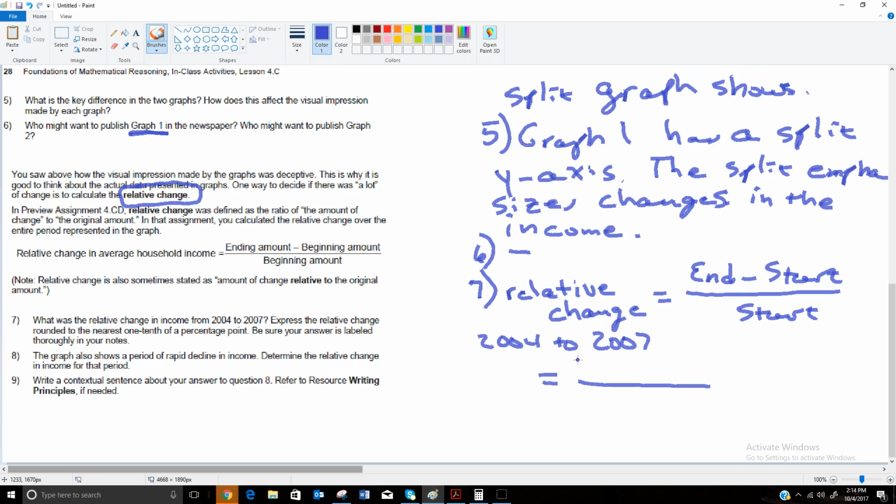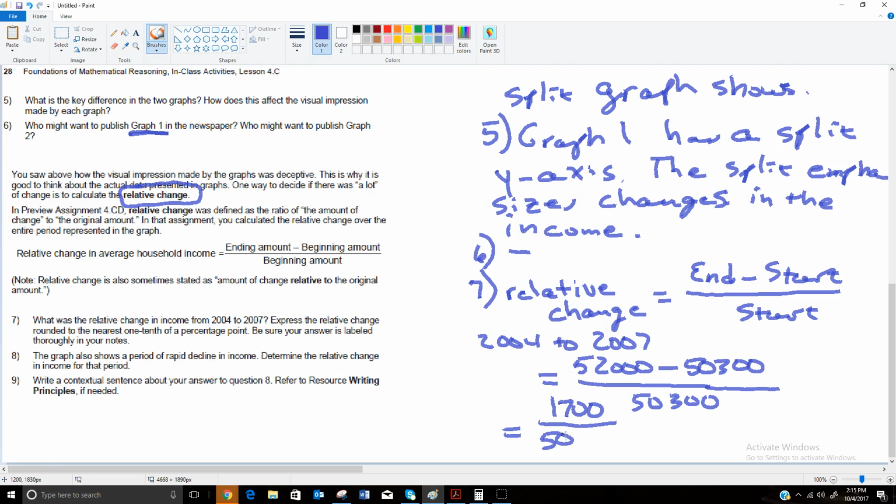So that's the end. And we started at 50,300, our estimate of the starting value. And then we're supposed to divide that by the starting value. So in this case, that would be 50,300. So calculation-wise, that would be that $1,700 that we already calculated above, divided by 50,300.